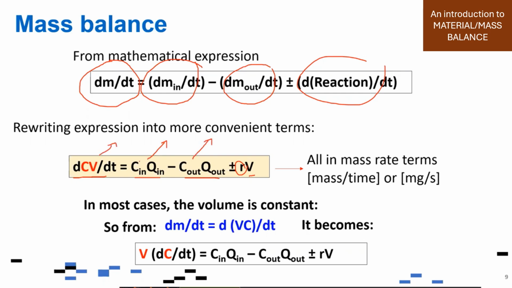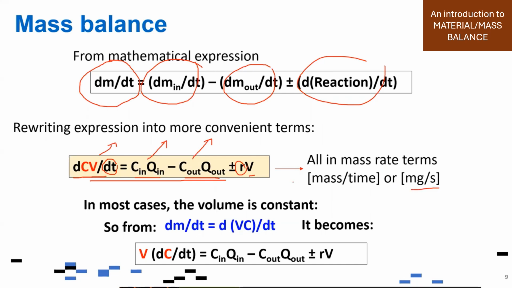Concentration times volume: concentration is milligram per liter, times volume gives milligram. Then dt is time, second or day. So milligram per second, so it's the same.